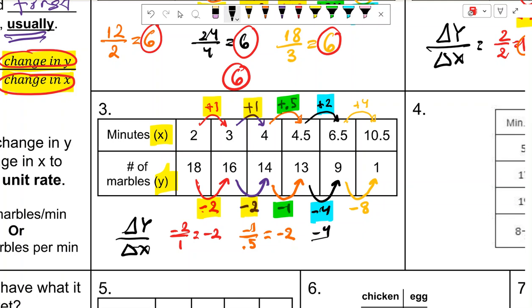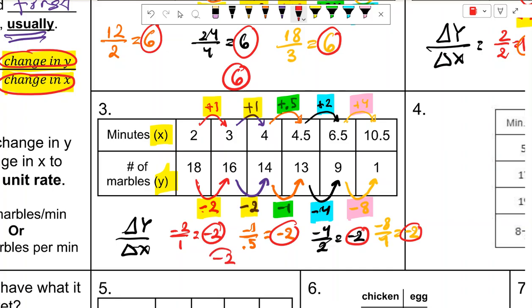Negative 4 divided by 2, and that is also negative 2. And then the last one, we got to check them all, is negative 8 divided by 4, and that is also negative 2. And you can see that across the board here, no matter what the change is, they are constant. So our constant rate of change here is negative 2.